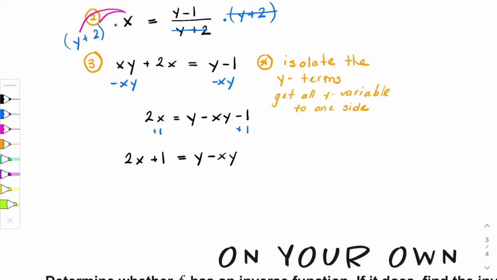At this point, on the right side of the equal sign, both of my terms have a value of y. So I'm going to factor out a common factor of y. 2x plus 1 is equal to our common factor of y multiplied by 1 minus x.